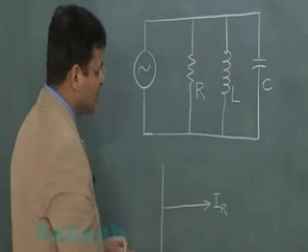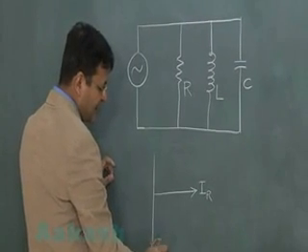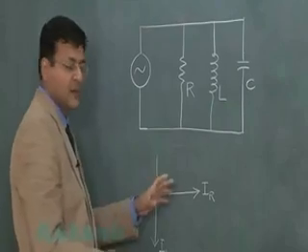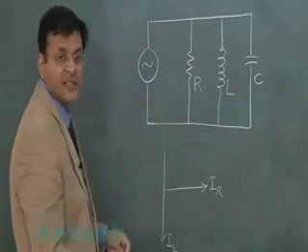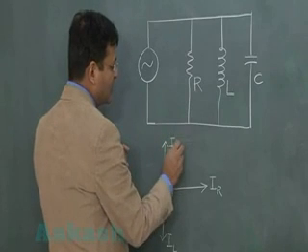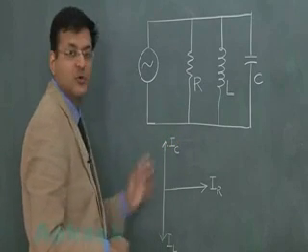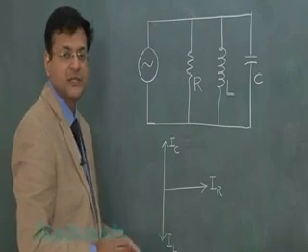This is the discussion you have already seen. So the current in the inductor will be lagging the current through the resistor by 90 degrees, but you already know that the current in the capacitor leads by 90 degrees. So the current flowing into the capacitor will be shown like this. All of them are being treated as vector quantities.